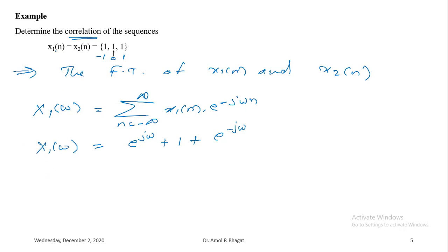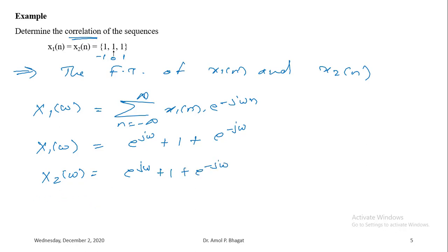Similarly, as x1 of n and x2 of n are the same, X2 of omega will be the same as X1 of omega, that is e to the power j omega plus 1 plus e to the power minus j omega.